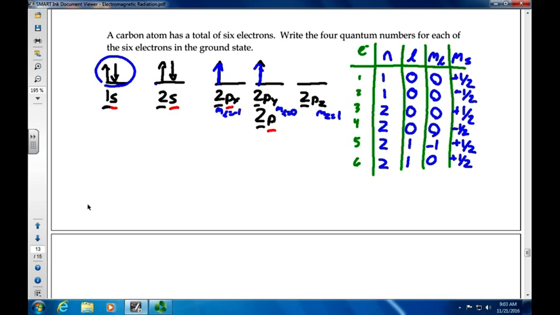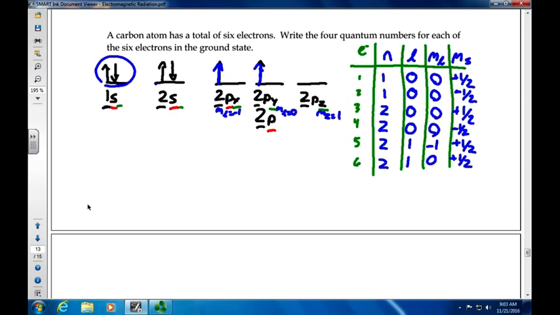And you'll note that these little sub markers will be indications of the magnetic quantum number. These ones don't have sub markers, but that's because the angular momentum quantum number is already 0, so the magnetic quantum number can only be 0.